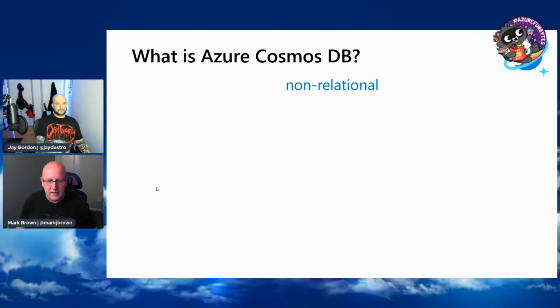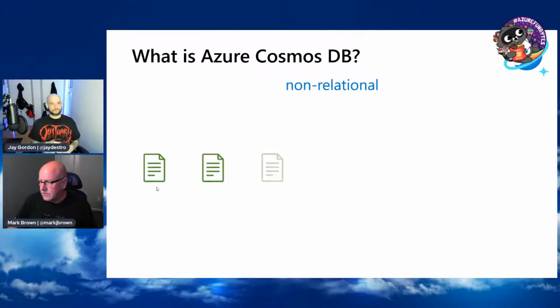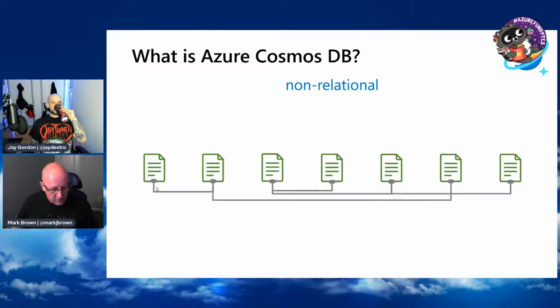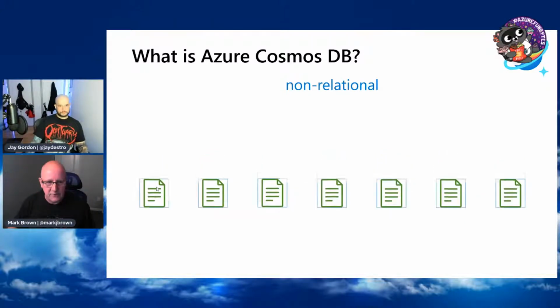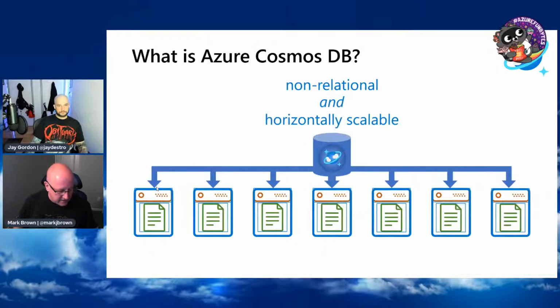And then the other thing is it's a non-relational data store. When you're working with something like SQL Server, MySQL or Postgres, you have relational concepts like foreign keys, defining constraints and doing joins across those things. With a database like Cosmos, you can't actually do this kind of stuff, right? The reason is that we're a horizontally scalable database.